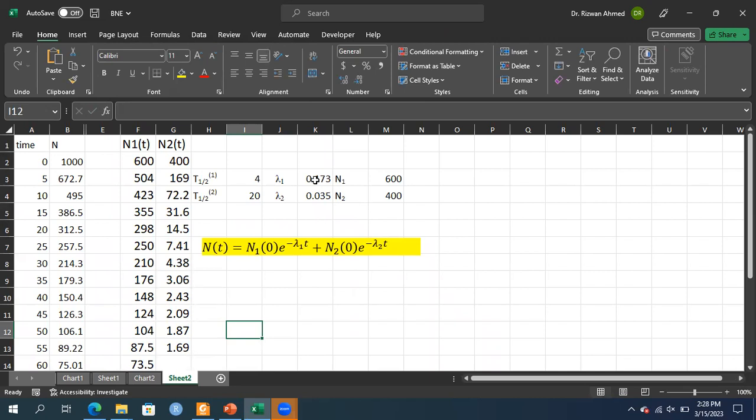In my theoretical problem, it was 0.017. So due to numerical trade-offs, numerical errors, the values are slightly different.